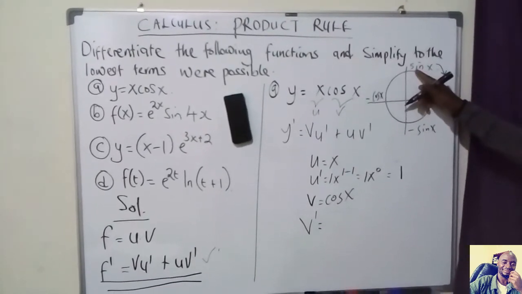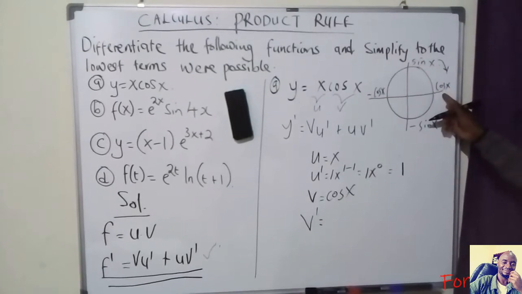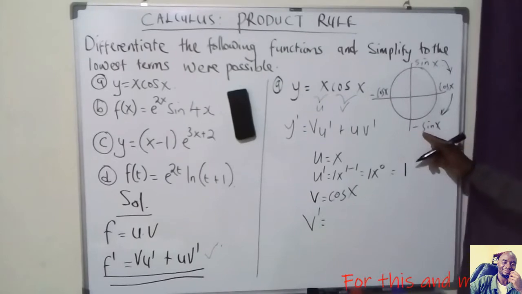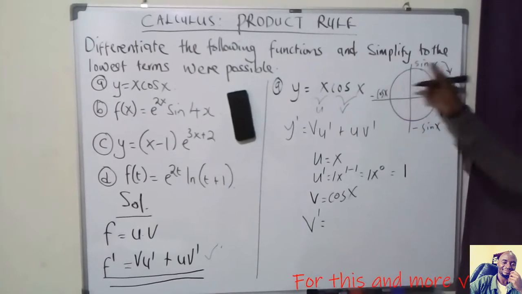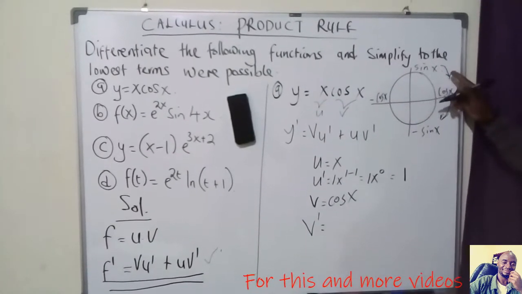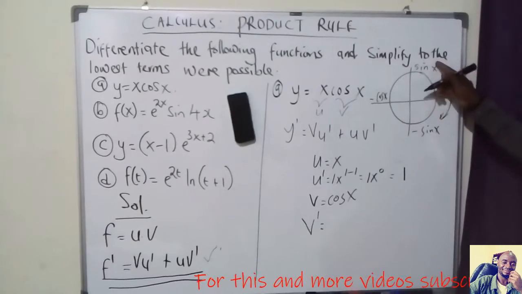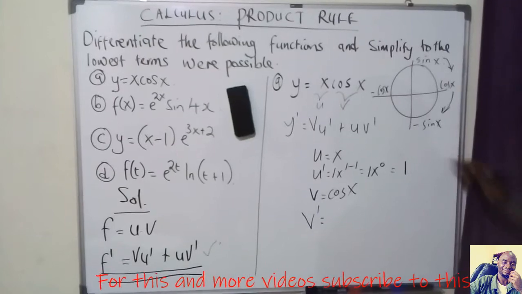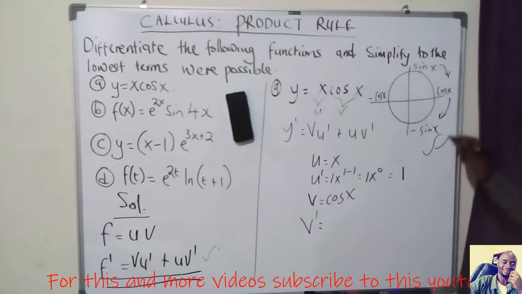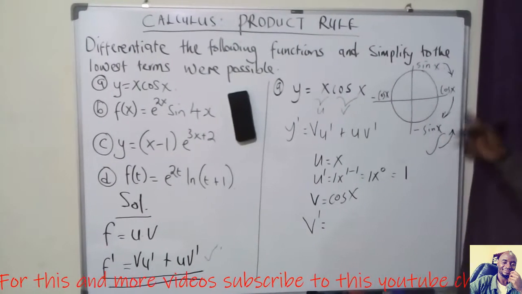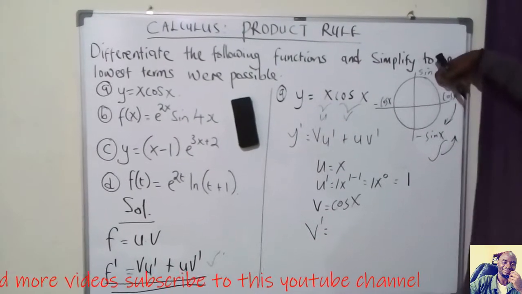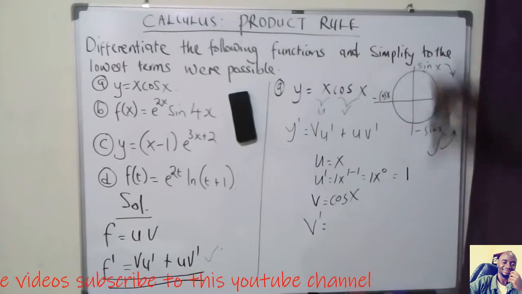So differentiation of sine x will give you cos x, but differentiation of cos x will give you minus sine x in that direction. When you are integrating, you go in the anti-clockwise direction. So the integration of negative sine x will be that, that will be that, and so on.